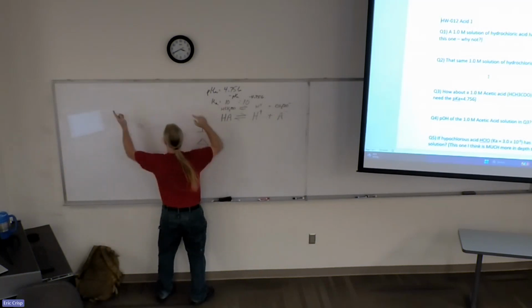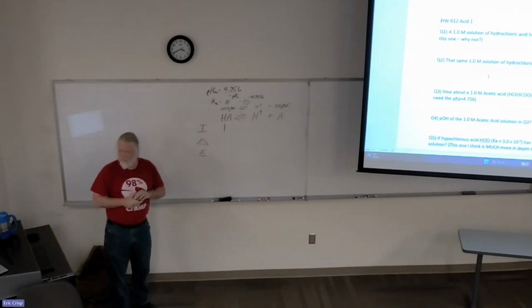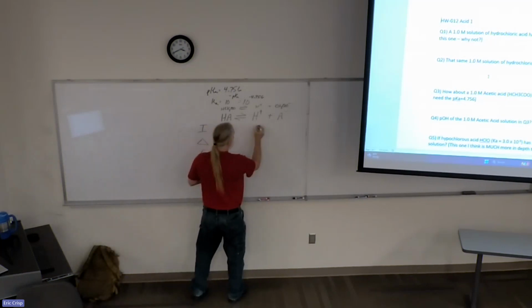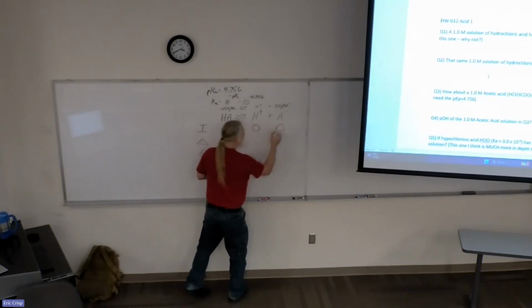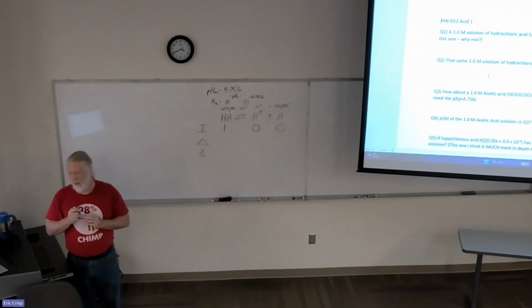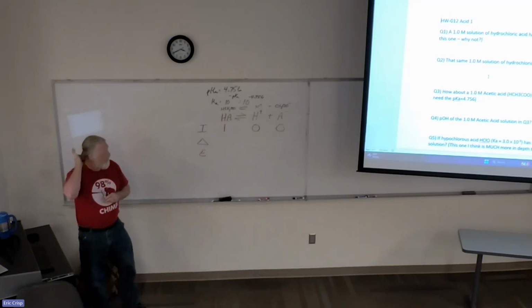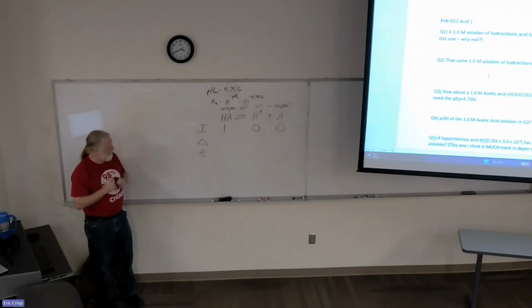Yeah, because we have that known concentration of 1 molar to start with. How about for the H plus and the A minus? I'm going to put zeros, but I'm going to foreshadow a little bit here. One of those is the problem that makes number 5 much more complicated, right there. Here it works, okay?